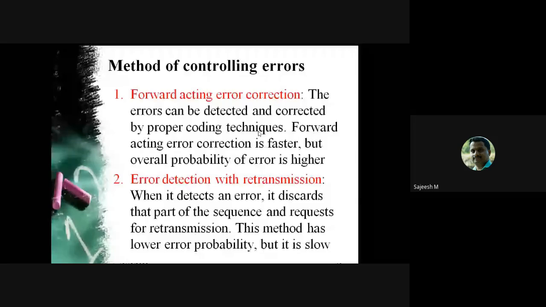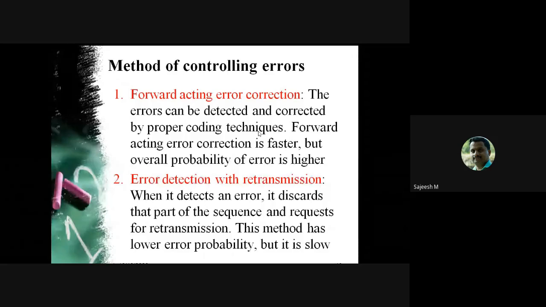In it, it is possible to detect the error. Once the error is detected, there is provision for correcting that error also. That is, error is detected by making use of this particular coding. With that forward acting error correction, once the error is detected at the receiver end, there is provision for correcting that error in that coding mechanism.